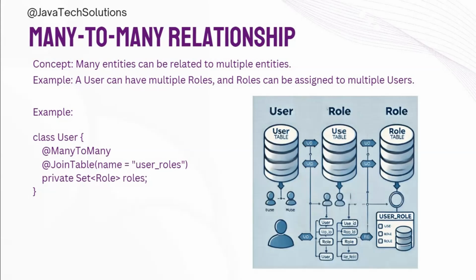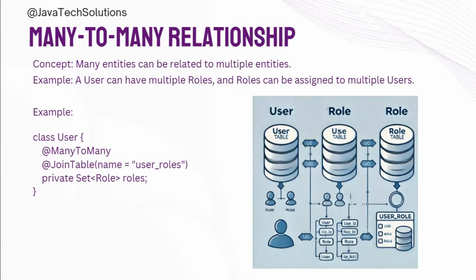So here is how we are going to implement this. If you see, we need to use the @ManyToMany annotation over this particular field, and @JoinTable, where we need to define the name over here. So this is the thing about this one. And why do we use this many-to-many relationship?